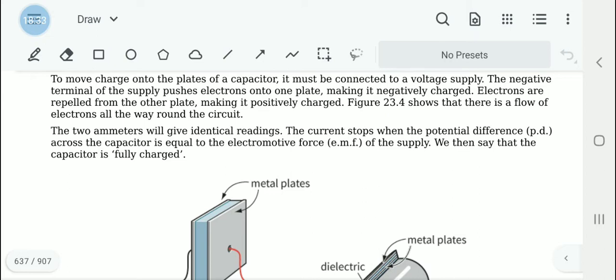This makes electrons to be repelled on the other plate, leaving a positive and equal charge behind.